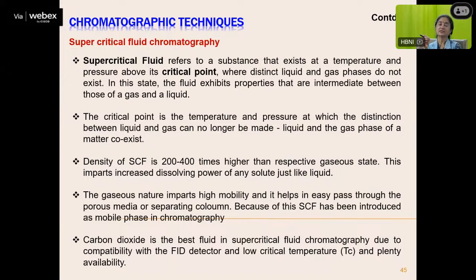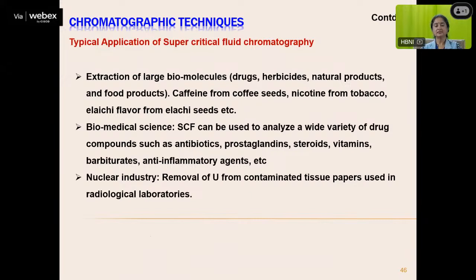Carbon dioxide is the widely used, best fluid in supercritical fluid chromatography because of its compatibility with the FID detector, low critical temperature, and plenty of availability. Typical applications are the extraction of large biomolecules, drugs, herbicides, natural products, and food products, such as caffeine from coffee seeds without damaging the coffee seeds.